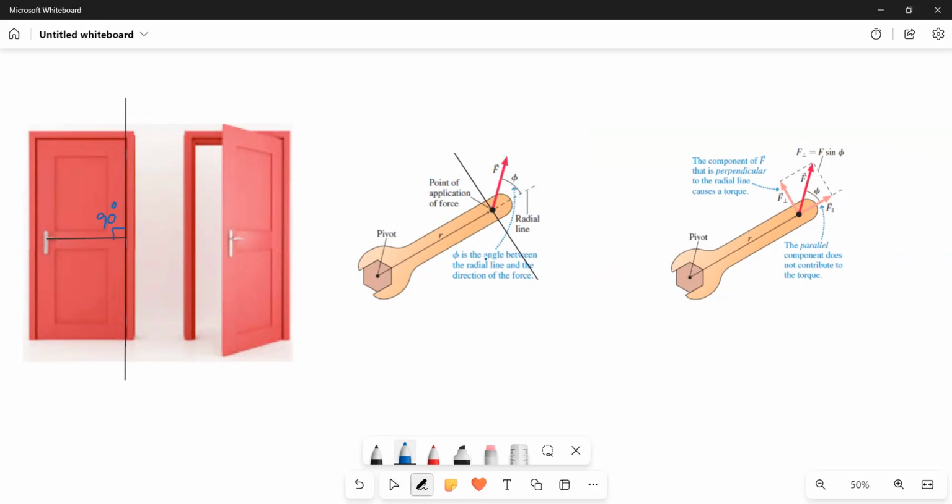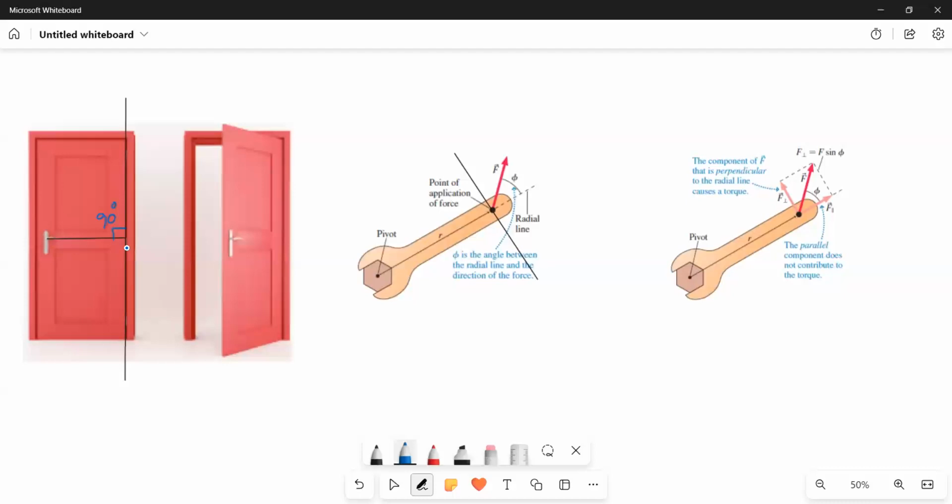You see people will hold the wrench or the spanner at the end, not close to the head. 99.99%. Rarely they will hold the spanner very close to the head. Similarly, we open and close the door holding the handle, and we keep the handle as far away from the hinges as possible.